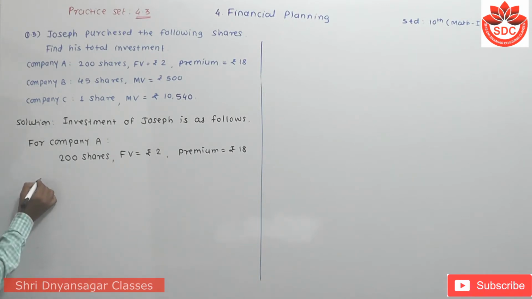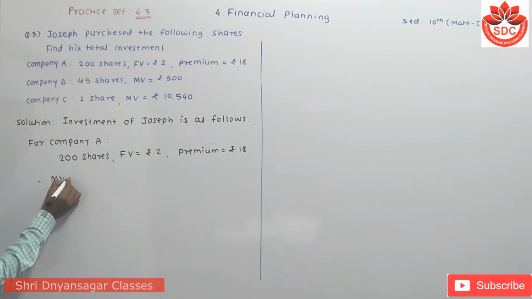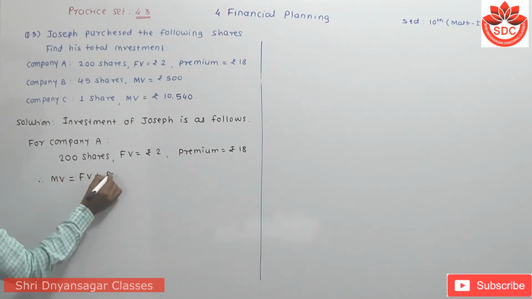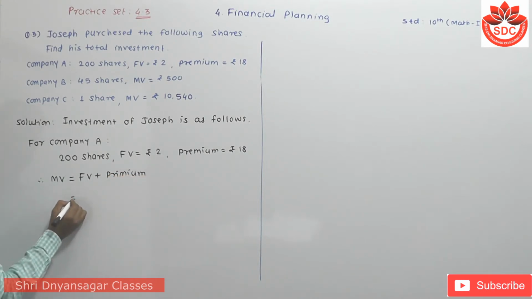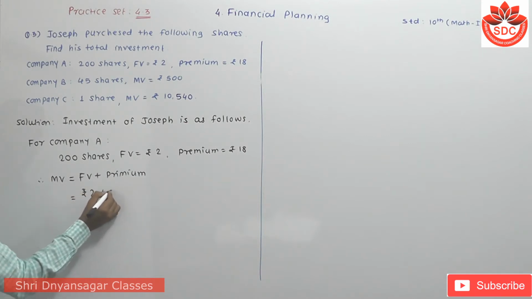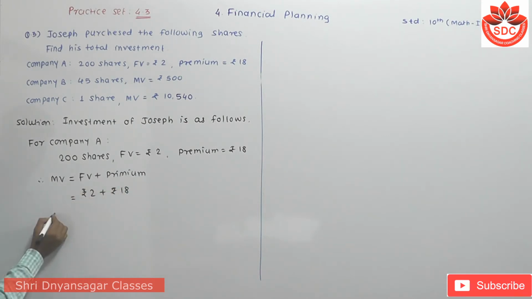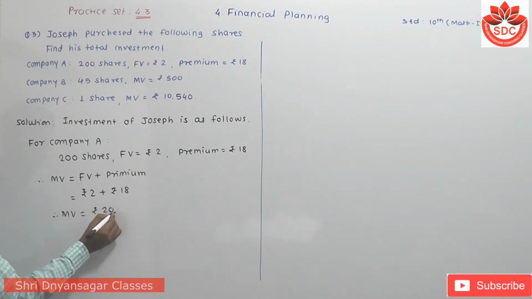Therefore we have to find out market value: MV is equal to FV plus premium. Means that FV is rupees 2 plus premium is rupees 18. Therefore MV is equal to rupees 20.